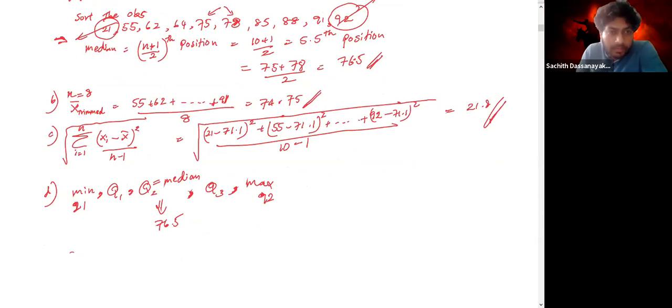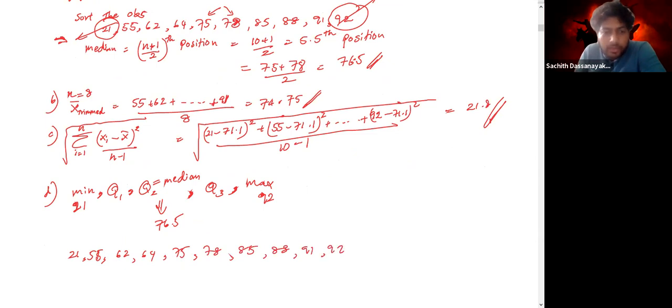Okay, let me rewrite this: 55, 62, 64, 75, 78, 85, 91, 92. So you know your median is somewhere here, 76.5. This is your median.